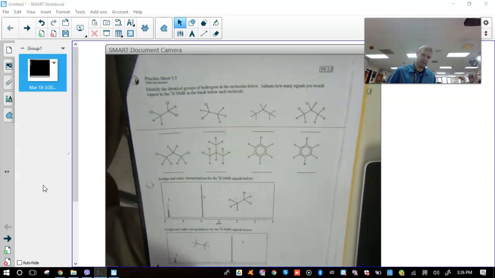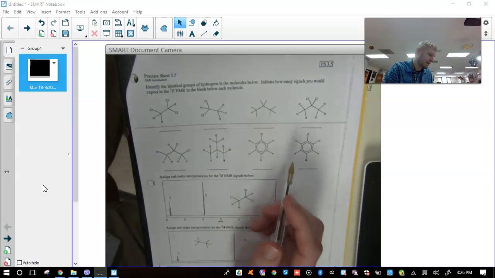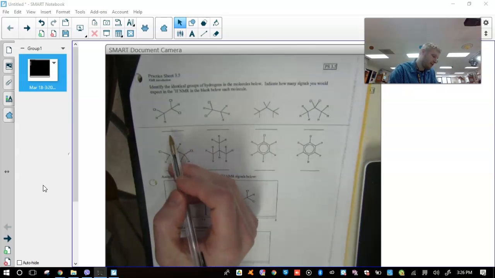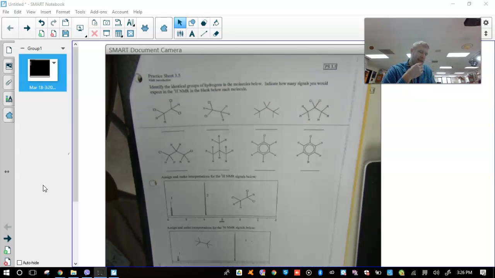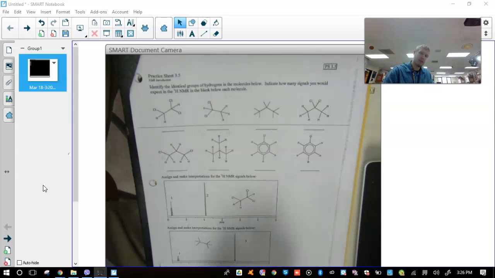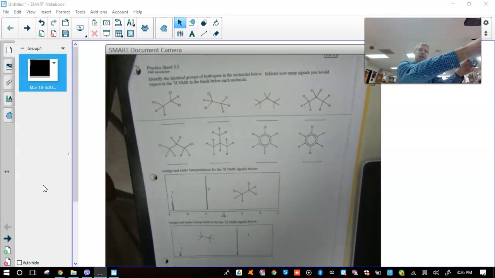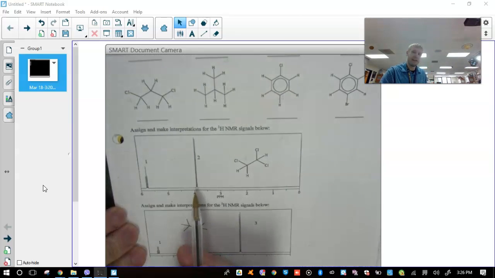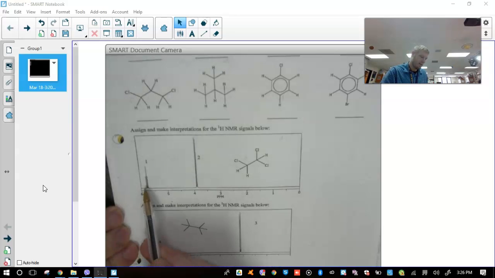Alright, so that takes us to this page right here, and this is in your packet. What we have to do is identify the different types of hydrogens that are present. So now below here, let me zoom up on this. This is your typical spectra data for NMR. Here's what's called a triplet because there's 3 little peaks.